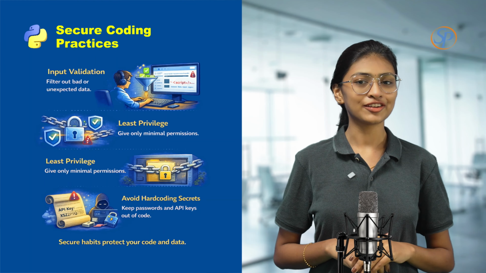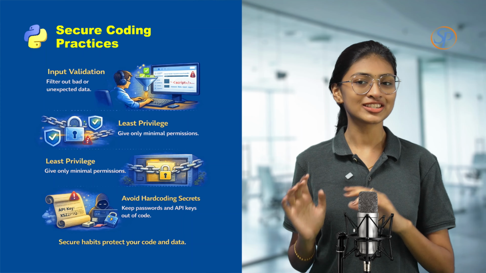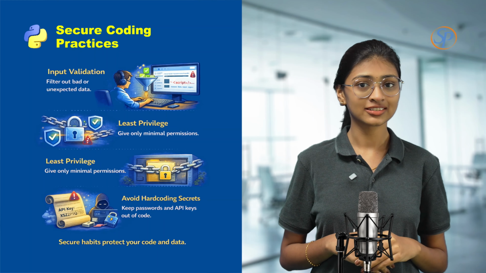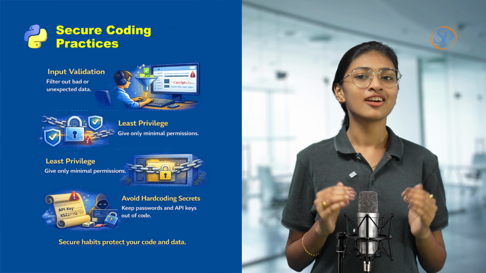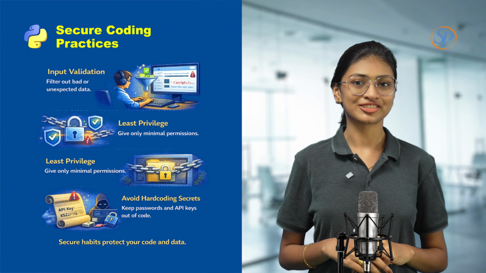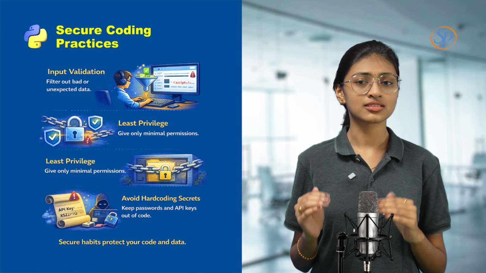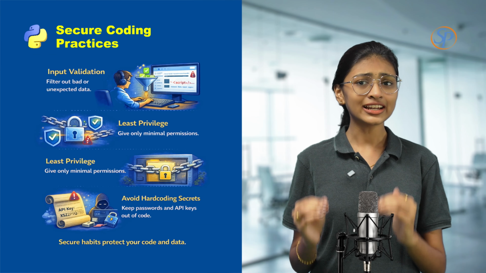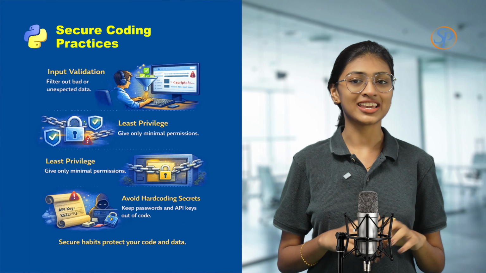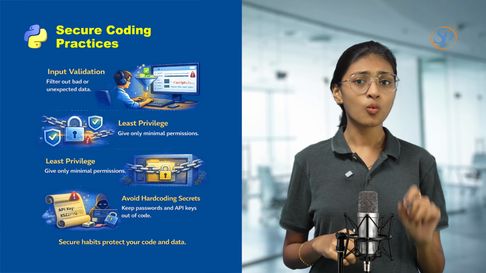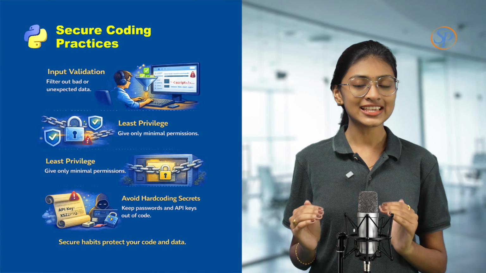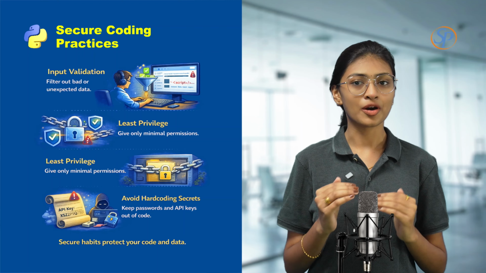This means giving only the minimum permissions required. If a component is compromised, limited permissions reduce damage. Hard coding secrets like passwords or API keys directly in code is extremely dangerous. Once code is shared or leaked, these secrets are exposed permanently.